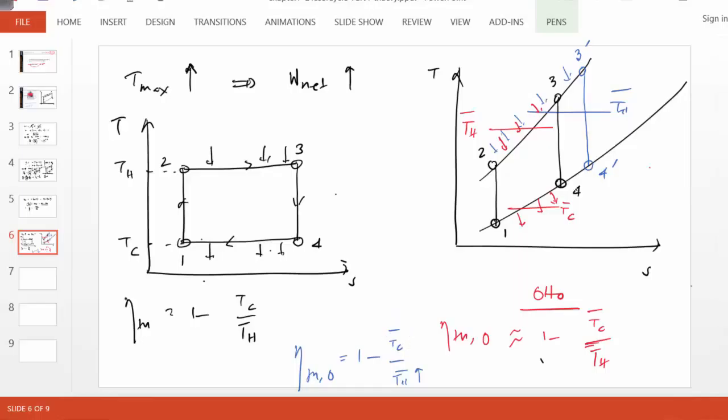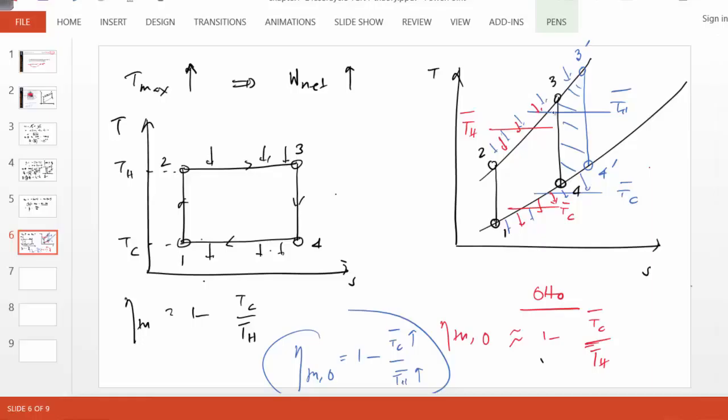Look at TC bar. In the modified cycle, TC bar is also raised. So when both the numerator and denominator have gone up, we are not certain what will happen to the efficiency. So if the question is, in an Otto cycle, we raise the maximum temperature of the cycle without changing the compression ratio, the answer would be that it is going to raise the net output because you can see the extra area added, but we don't know how it will affect the efficiency.